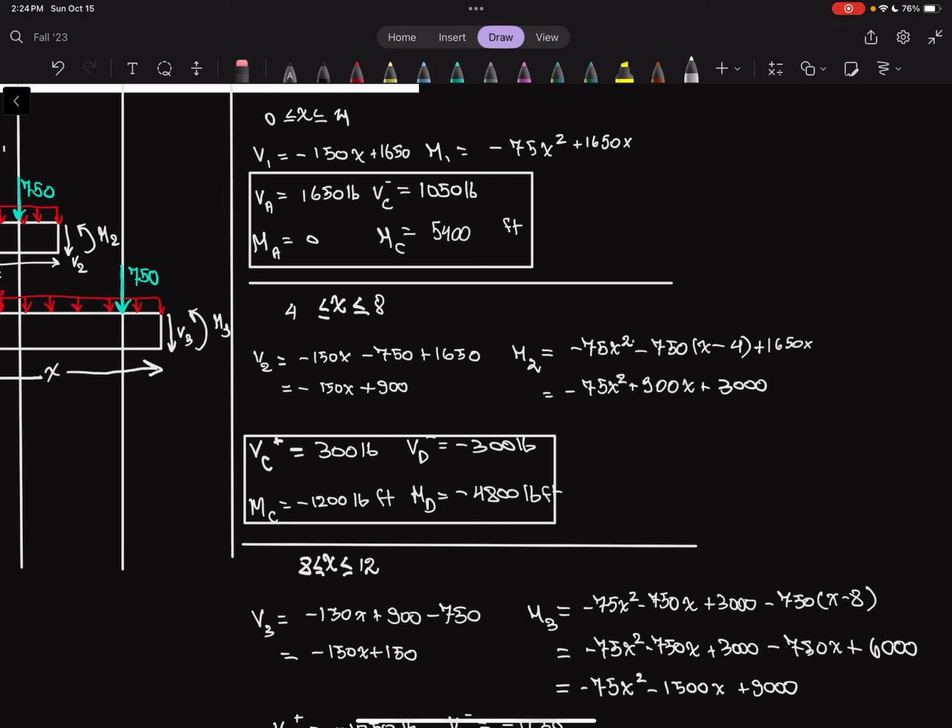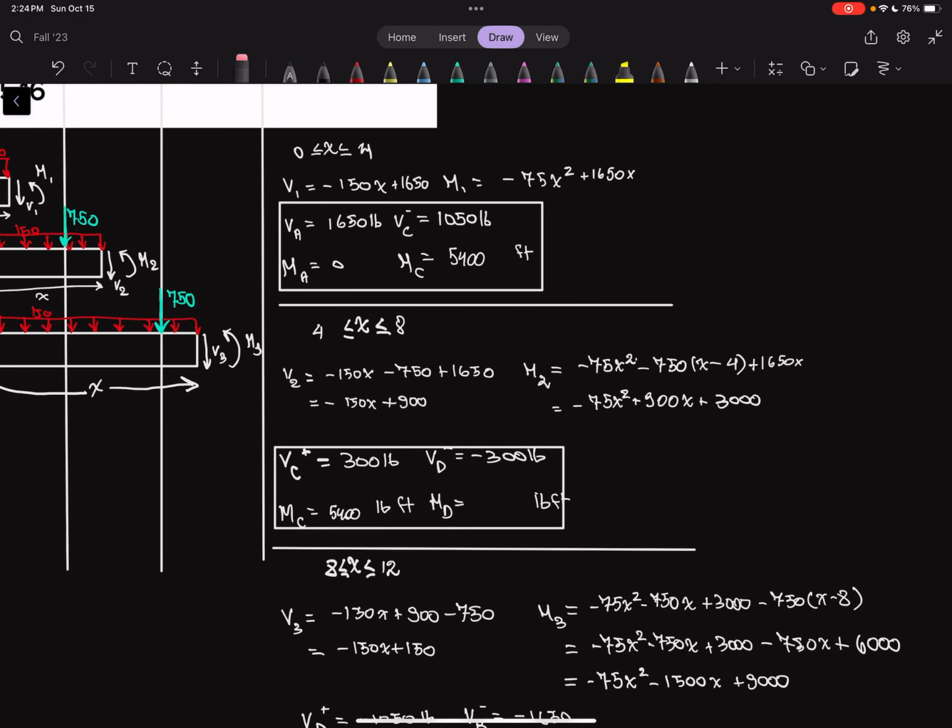And so that would mean that here we get 5,400. And then here, we're going to get minus 75 times x, which is 8 squared, plus 900 times 8, plus 3,000. We get 5,400.